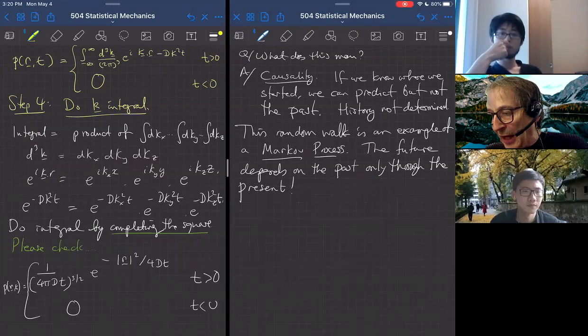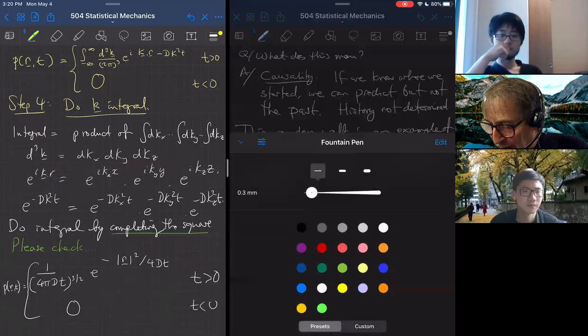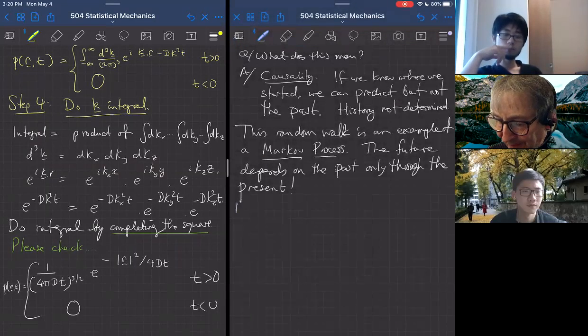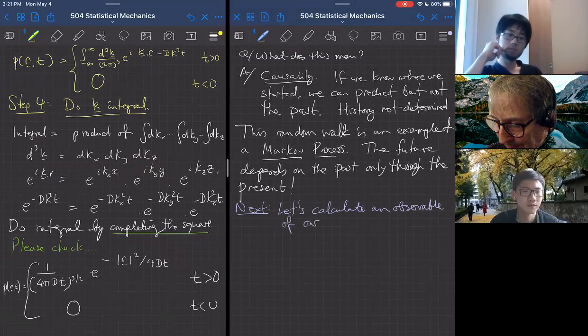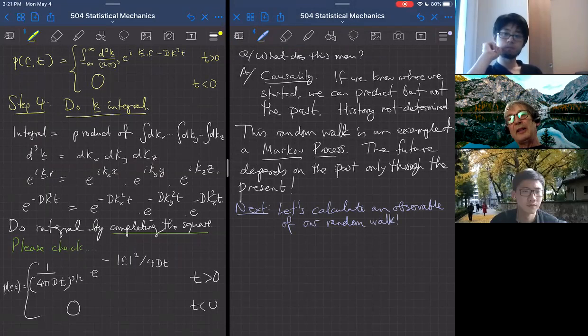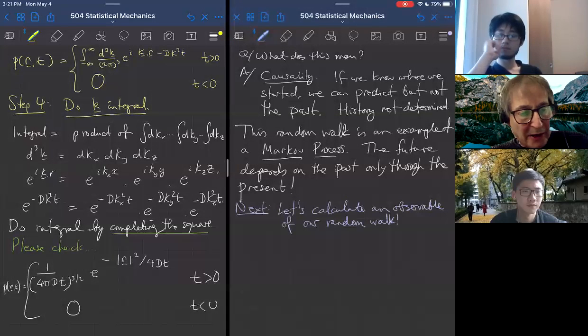Okay, so now that we've done this, let's calculate something that we actually care about. So what we might ask is a very simple question. We might say, well, what is the distance that the particle moves?